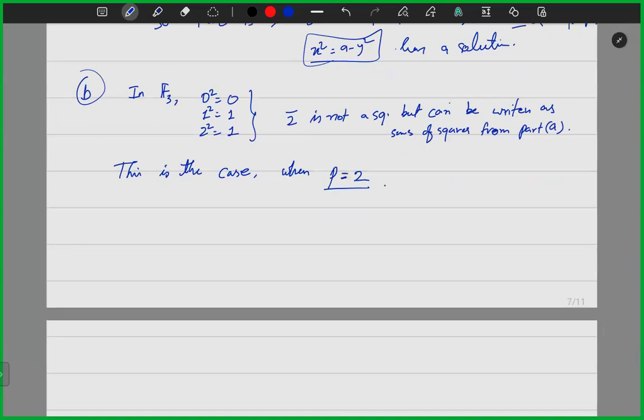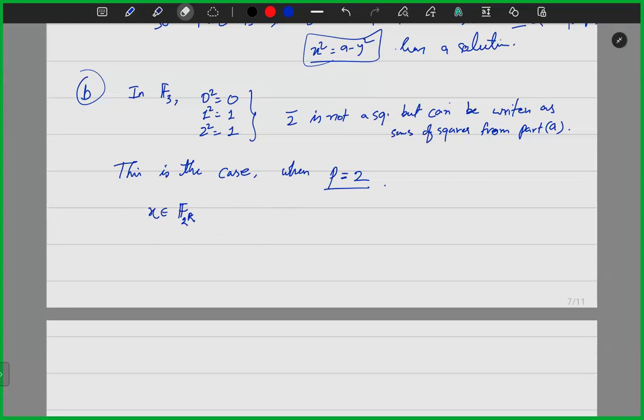In Zp we have, okay. In this case every element itself is a square. This is the case for p equal to 2.